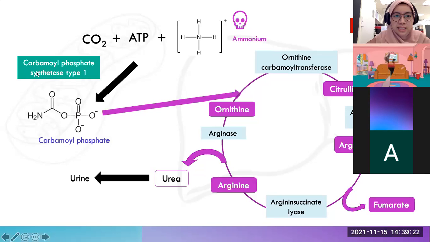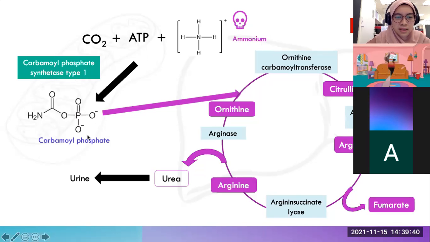This reaction is catalyzed by carbamyl phosphate synthetase type 1. So ammonium reacts with carbon dioxide, with ATP and this enzyme, and carbamyl phosphate forms.